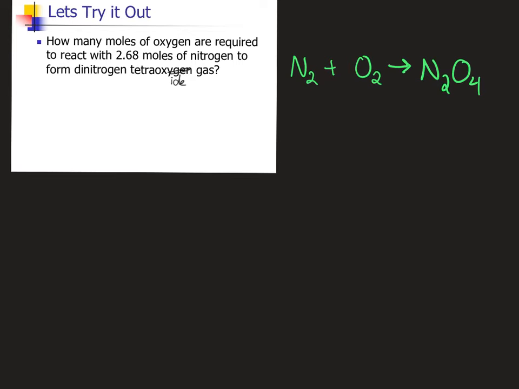The balancing of this doesn't take much, because all we need is 4 oxygen. Now we have enough information where we can start putting some things together and figuring some things out. How many is usually the question or want, right?